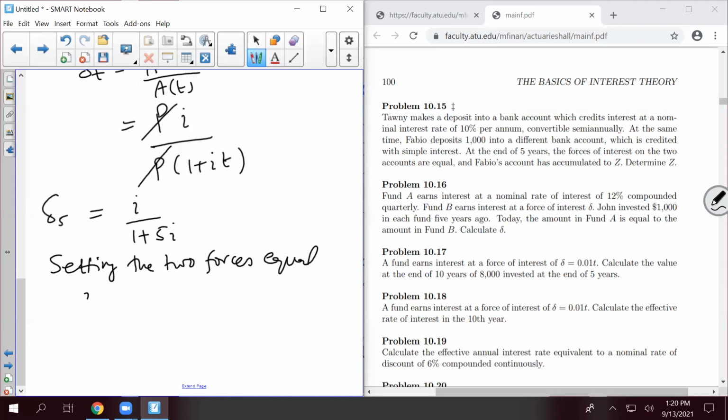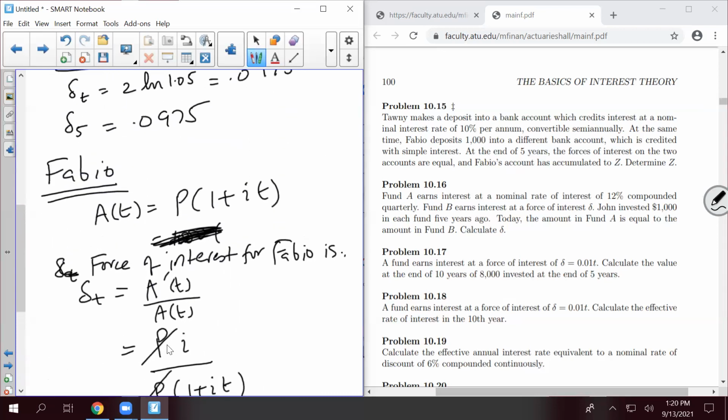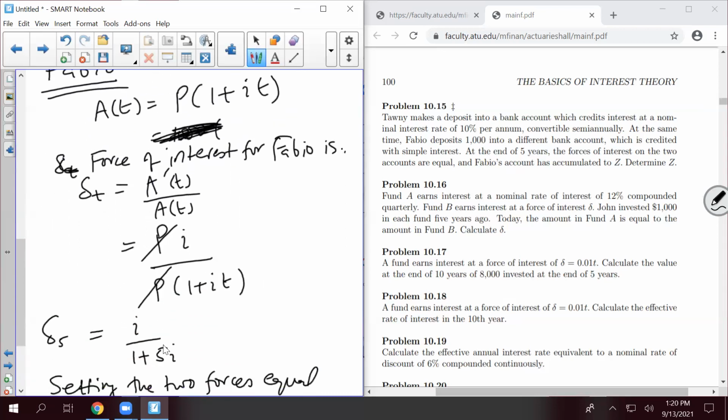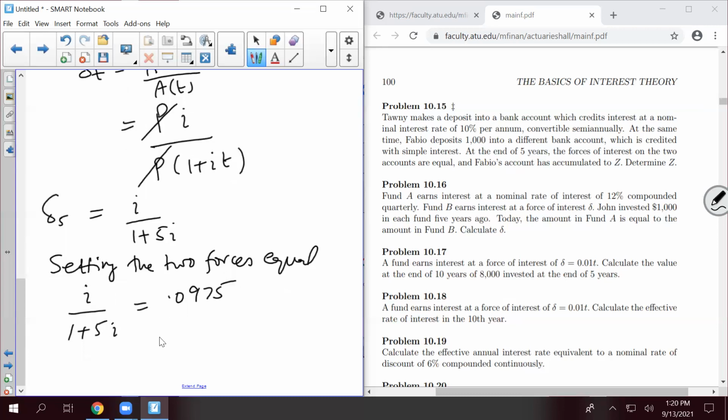So we have i over 1 plus 5i equals the other one, which was 0.0975. And we solve this for i.